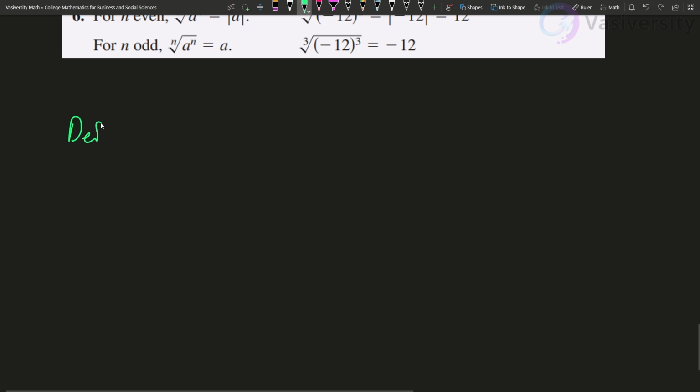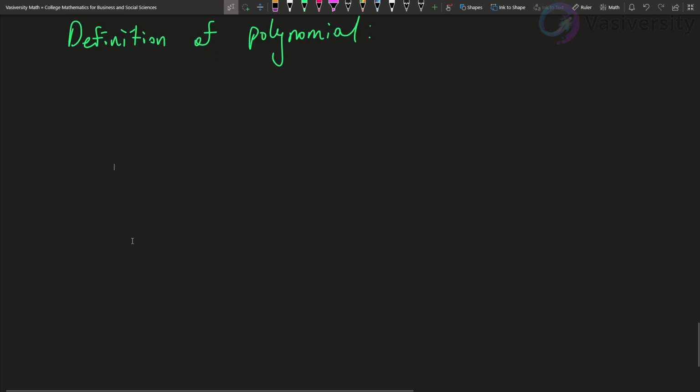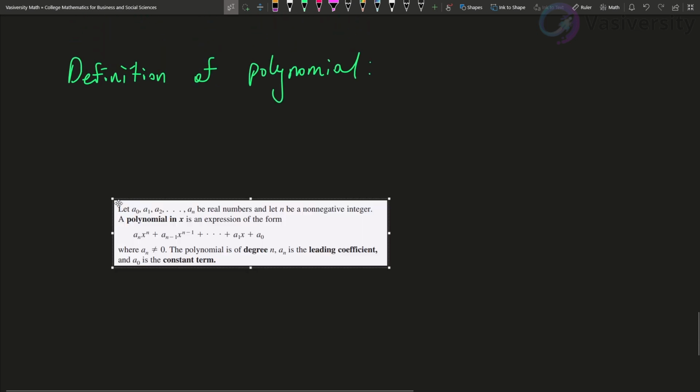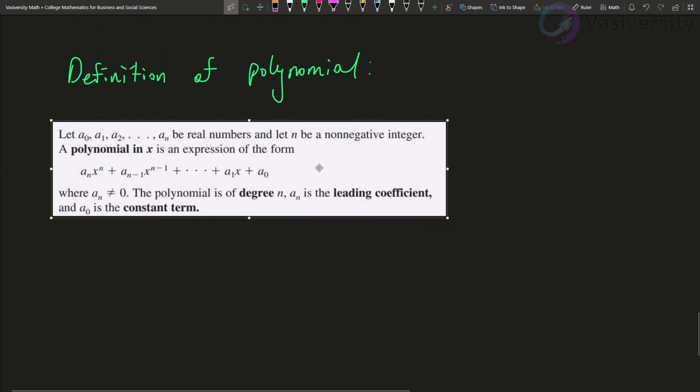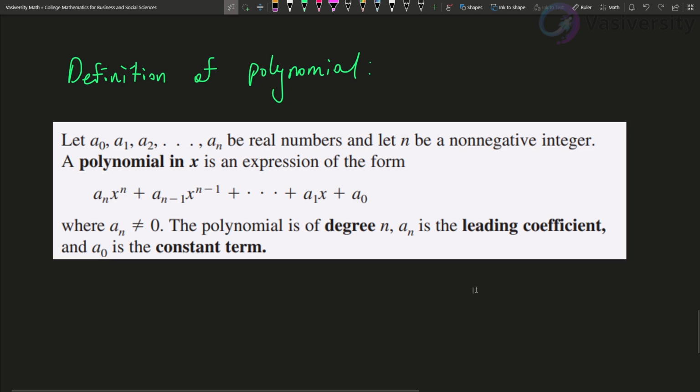So by definition of the polynomial, we'll use the following. Let a naught, a1, and a2 be real numbers, and let n be a non-negative integer.